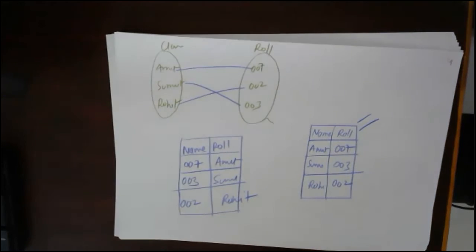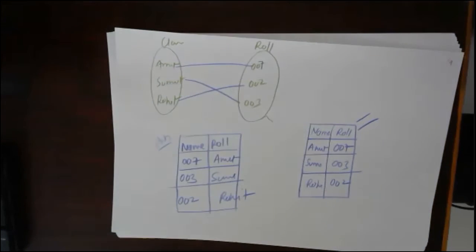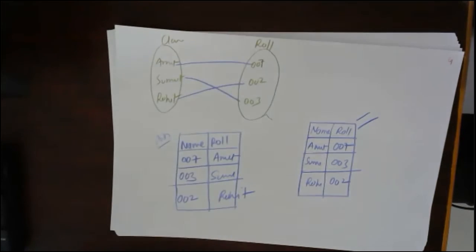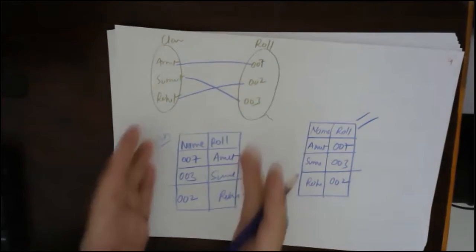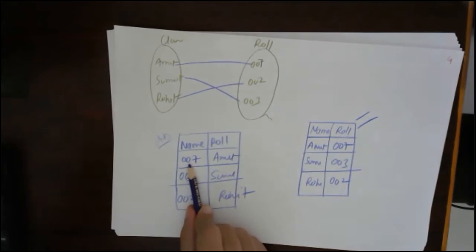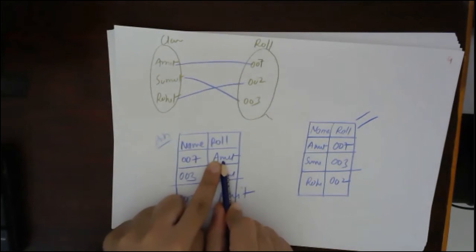Now, in this sheet, what is the problem? The problem is that if you feed this to a computer, name becomes 007 and roll number becomes Amit.